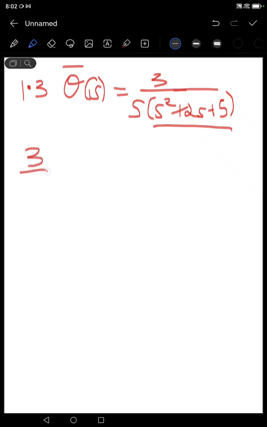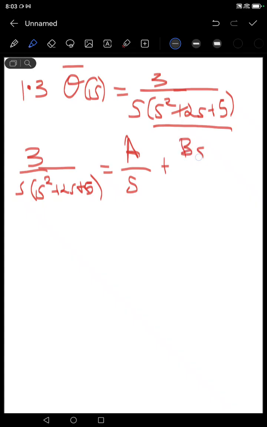We have 3 over s into s squared plus 2s plus 5. So our partial fraction is going to be A over s plus, since this one we can't factorize, bs plus c over s squared plus 2s plus 5. Okay, like this.